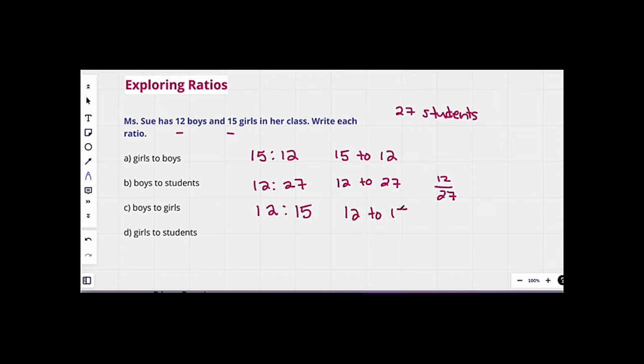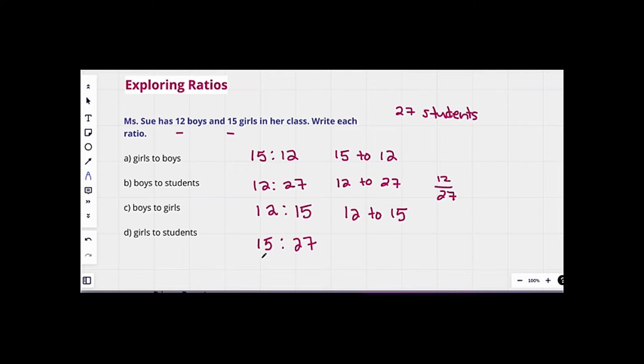Okay, our last one will be girls to students. So how many girls do we have? We've got 15 girls. And now how many students we have? So once again, this is a part to whole. We need to look at our whole picture. What do we have all together? We've got 27 students. So girls to students will be 27 right here.